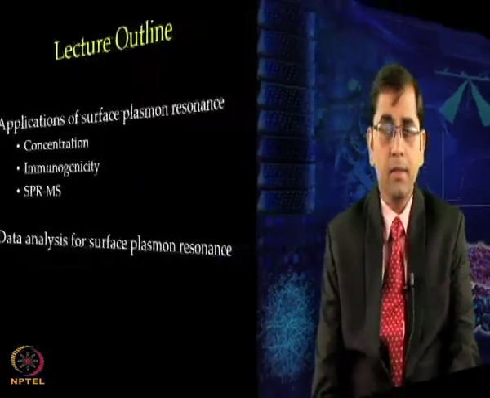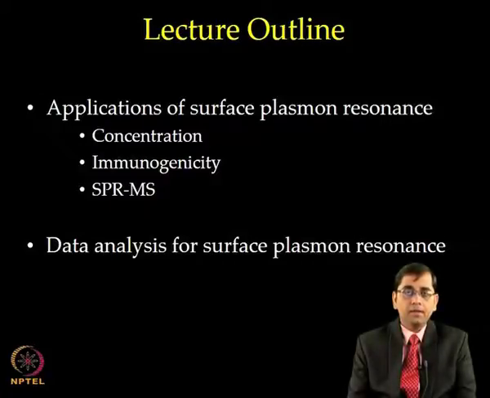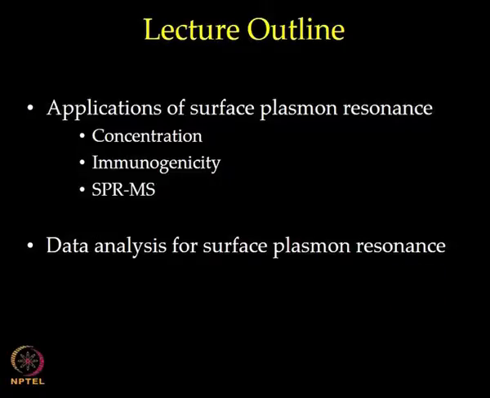These biosensors play a very important role in biological research to monitor macromolecular interactions in real time without the need of labels. It is one of the reliable platforms to determine affinity, kinetics, concentration analysis and immunogenicity for a variety of interactions, which we are going to discuss in today's lecture. We will also learn a little on how to analyze the data and perform data analysis using software.